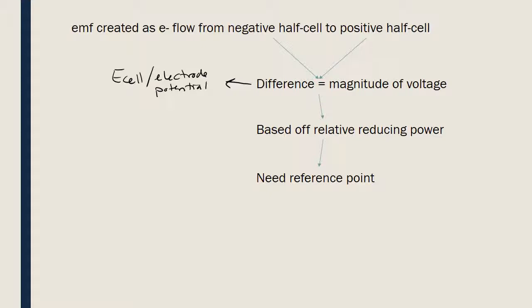And that 0 point for us is arbitrary, but it was hydrogen. It's called the standard hydrogen electrode, also known as SHE. And so it is a completely arbitrary point, but essentially they've taken all the half cells, hooked them up to hydrogen, and they have therefore created a reactivity series all based off and compared to hydrogen, creating a standardized system.